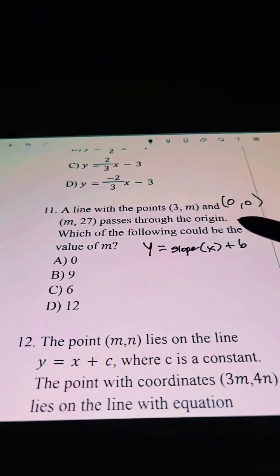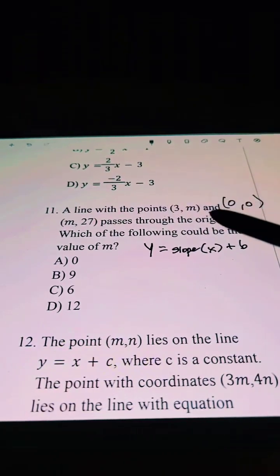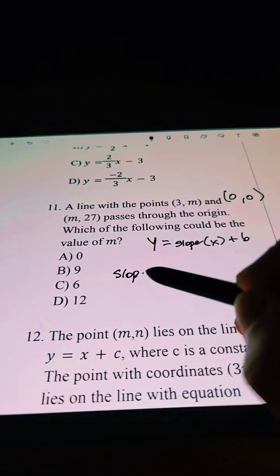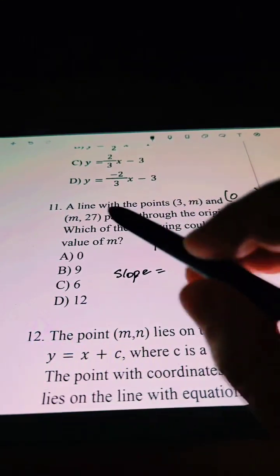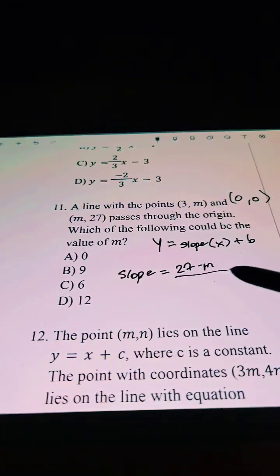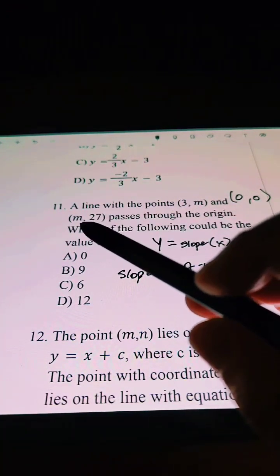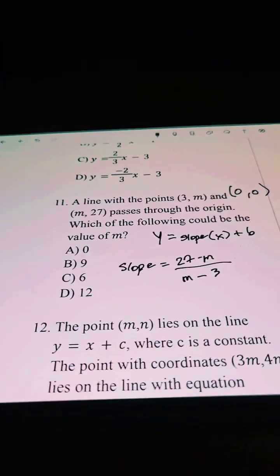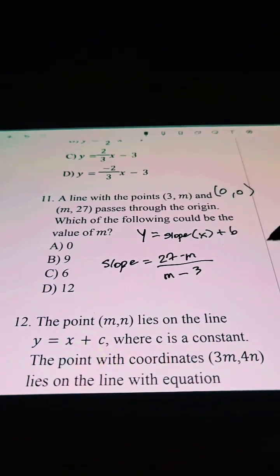So I'm going to figure out what the slope is using my slope formula, which just says I'm going to subtract the y's. I'm going to start with this one, 27 minus m over m minus 3 is the slope there.